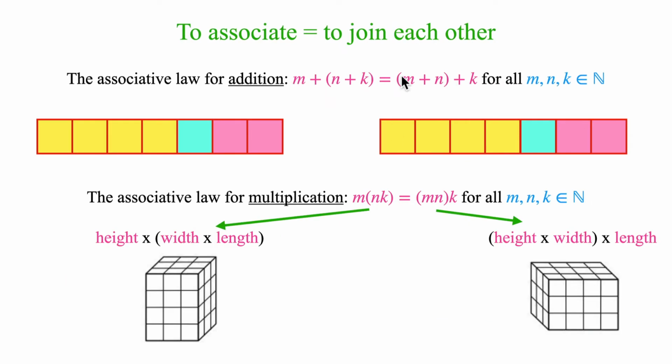And the associative law tells you that you can group elements as you like. So you can group terms for addition or factors for multiplication.